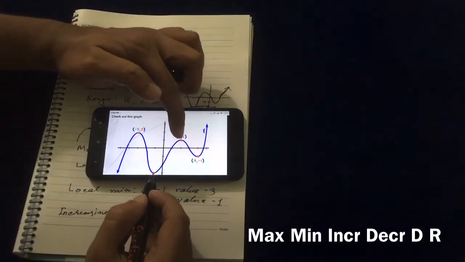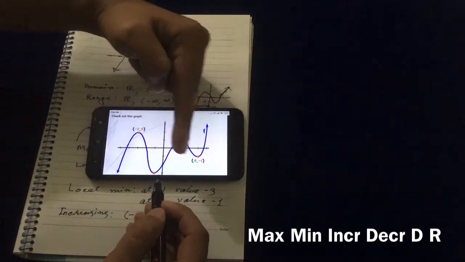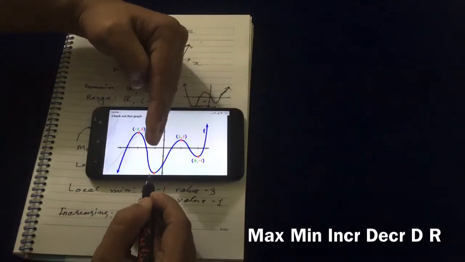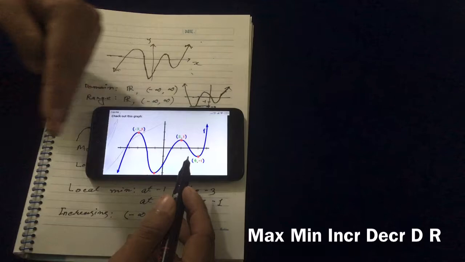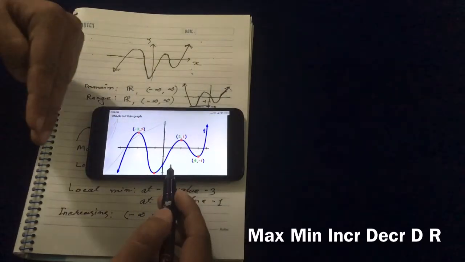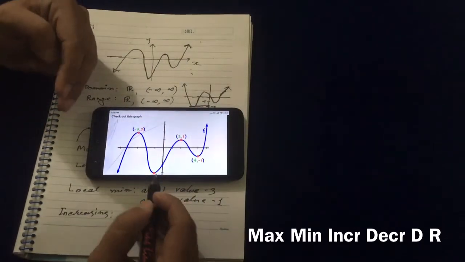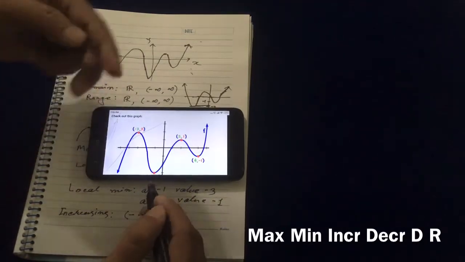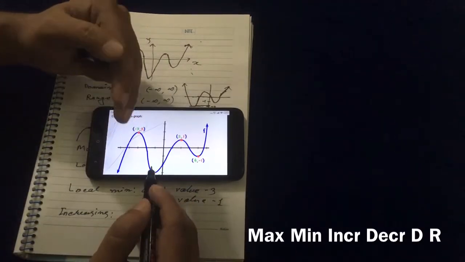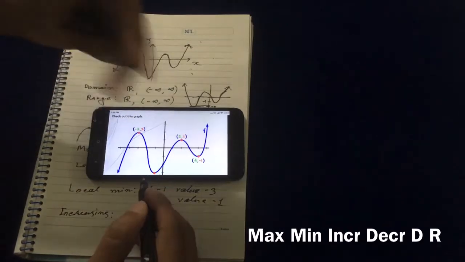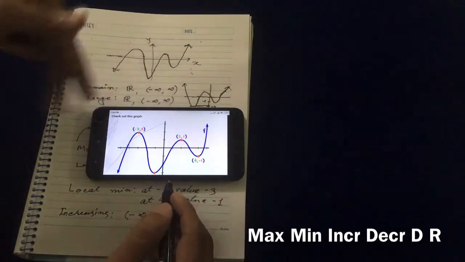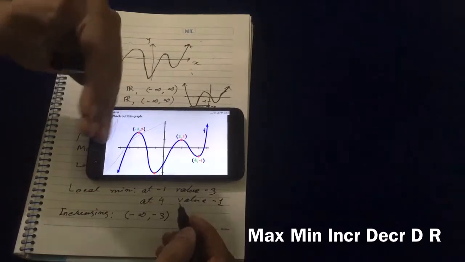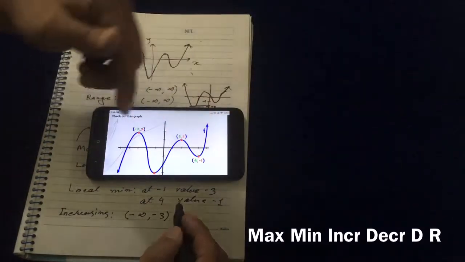Always from left to right, don't forget. The easiest technique is this, or else you have to look at the x values and y values, and this will take time. In an exam you do not have time. In real life you normally have to make quick decisions. So left to right.